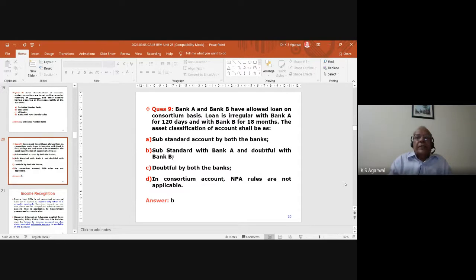So for 30 days it has remained substandard. For the other bank B, it is irregular for 18 months. So for the first 12 months of irregularity, it is substandard. For the next 6 months, it is doubtful. So my answer is substandard with bank A and doubtful with bank B. Option B is the correct answer.